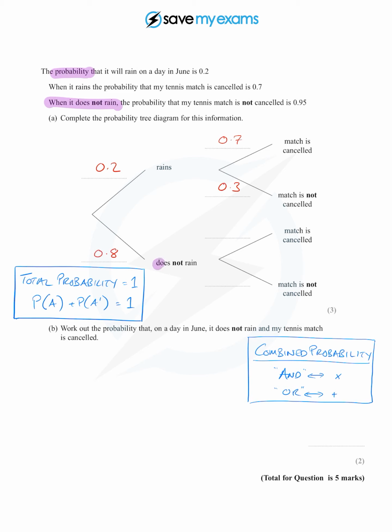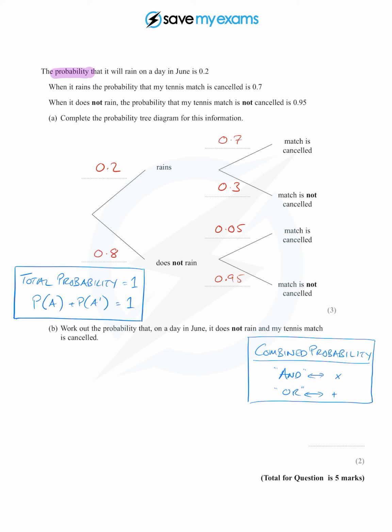When it does not rain, the probability my tennis match is not cancelled, so that's this one, is 0.95. Okay, and now we just have to think what adds up to give 1 with 0.95? Well, 0.05. Okay, think about that carefully. 95 plus 5 is 100, and in this case 100 would be 1. Think about it in percentages if you want to.